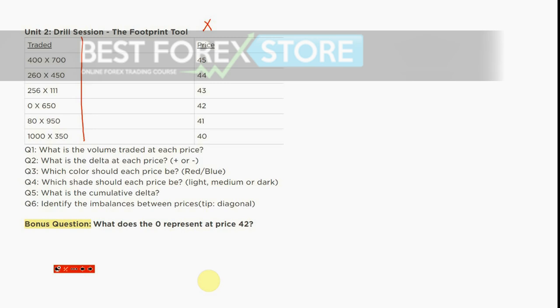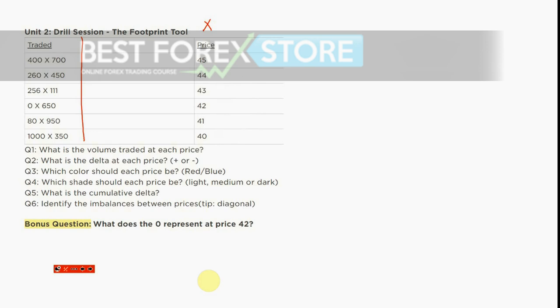Question number 2: what is the delta traded at each price? Is it positive or negative? Question number 3: which color should each price be? If you were to color in each one of these prices, 40, 41, 42, 43, what color would it be, red or blue?